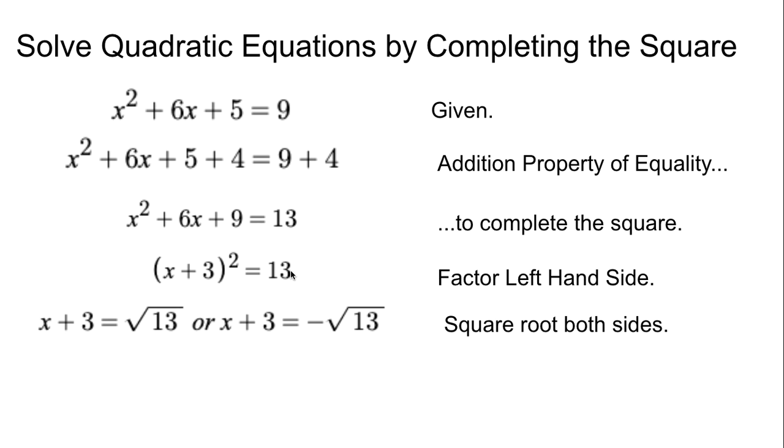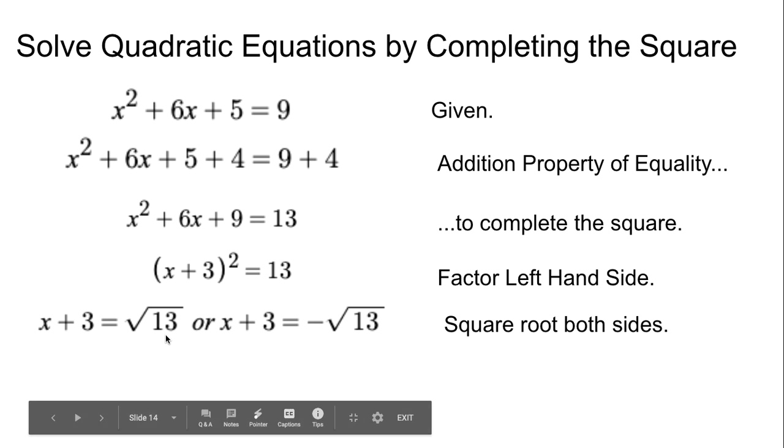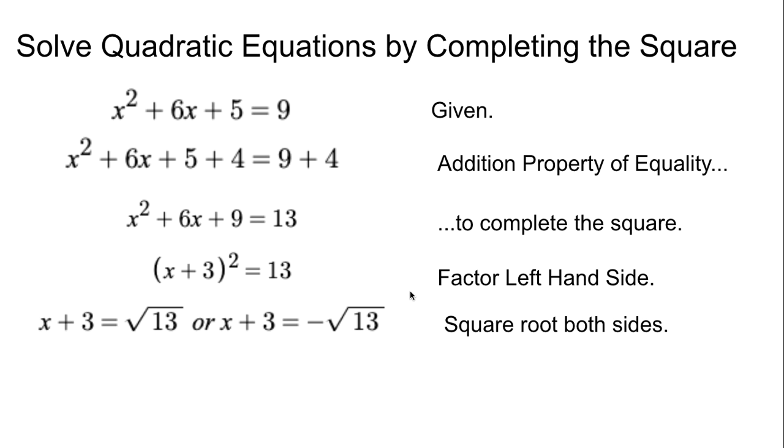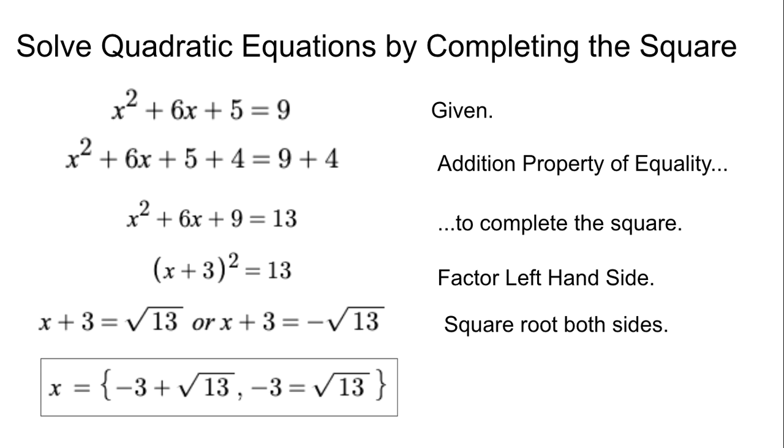And taking the square root of 13, that's an irrational number, so I just write it as the square root of 13. But I also have to consider the negative square root of 13, just as we did 3 and negative 3 in our last example. So now it's just about the properties of equality, the subtraction property of equality specifically. I'm subtracting 3 from both sides.